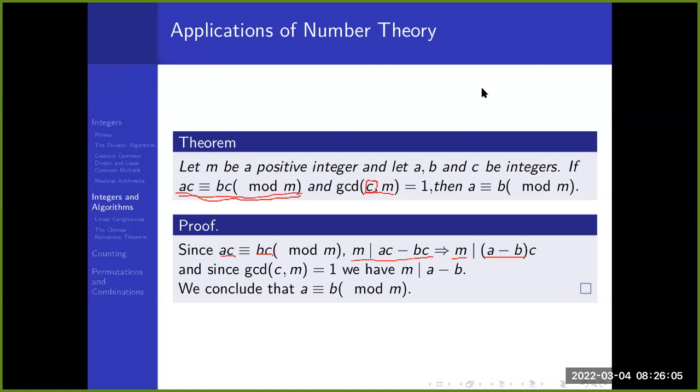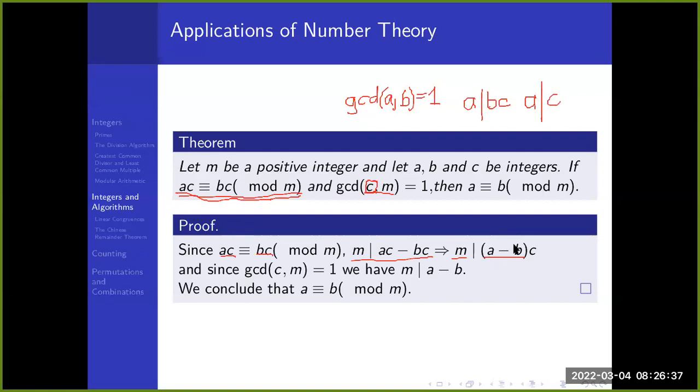We saw that if A divides a product of two numbers, and we know that GCD of A and B is 1, then if these two conditions hold, we are left with only one option, and that is that A must divide C. So that's the same situation here.